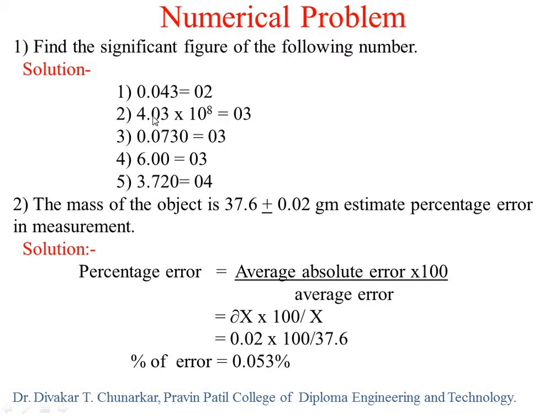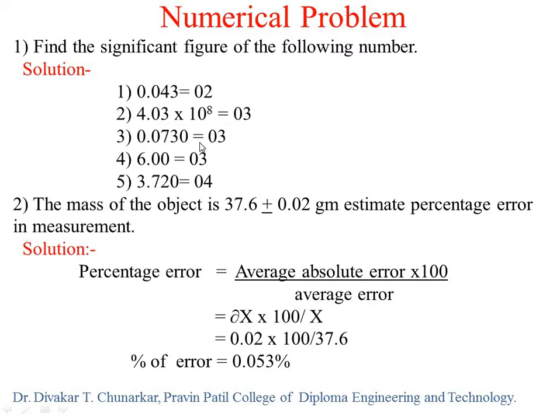So we consider only 4.03, and here there are 3 significant figures. The zero does not occur on the right side of the decimal point and left of the non-zero digits; it occurs in between 4 and 3, and therefore the zero is significant. In this value 4.03, 3 figures are significant.